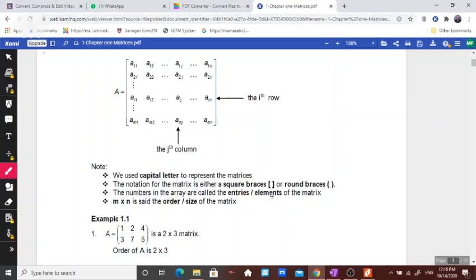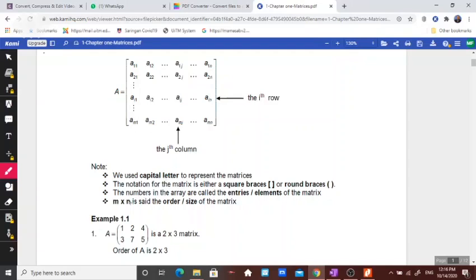Either square, like this example, or round braces here. Then the numbers in the array are called entries or elements of the matrix. For example, the lowercase letter here is an element of matrix A, or an entry of matrix A.